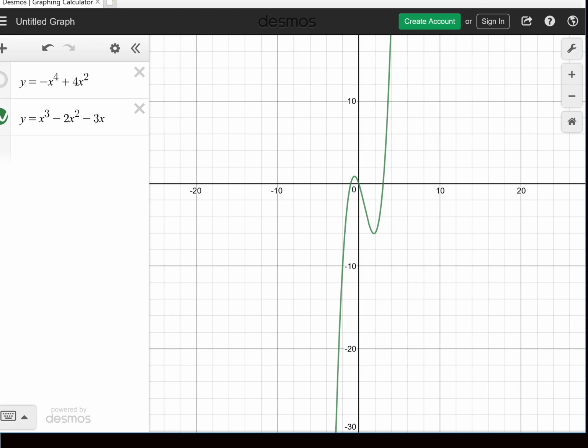So for a graph like this, I can have positive y values, I can have negative y values, and they can go down forever or up forever. Something like x cubed is going to be an increasing function when we're talking about end behaviors. I know it decreases right here, but if I'm just looking at the end behaviors, then I have them opposite. This would be true also.